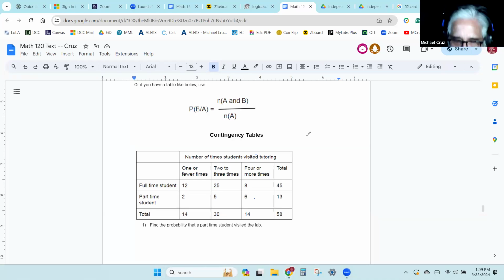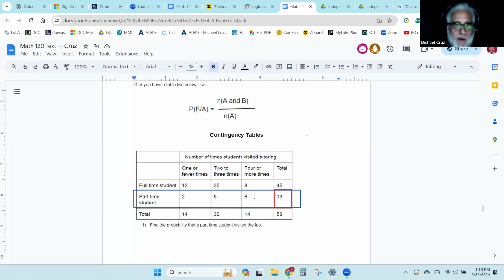All right. So find the probability that a part-time student visited the lab. All right. This is not conditional, but this is going to set us up. So here's the part-time student thing. And then right here is the total part-time.